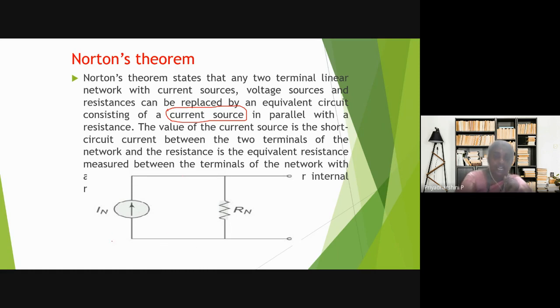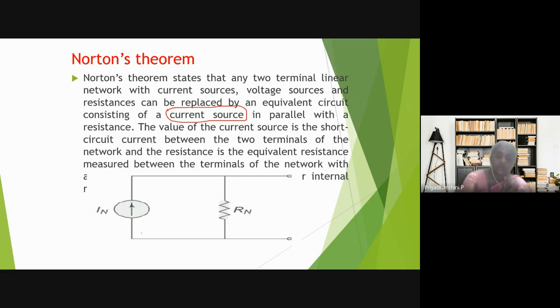Wherever the load resistance is mentioned, we have to short circuit it. After short circuiting, we find the current flowing between the two terminals. The resistance we already know, it is the equivalent resistance.